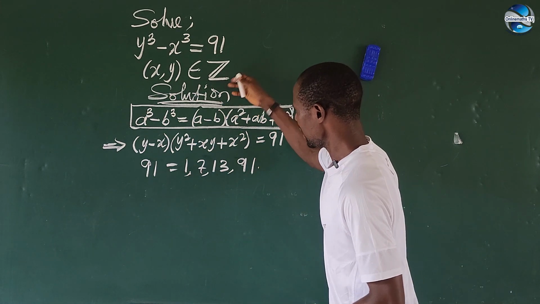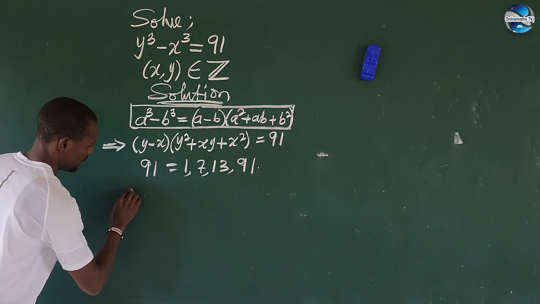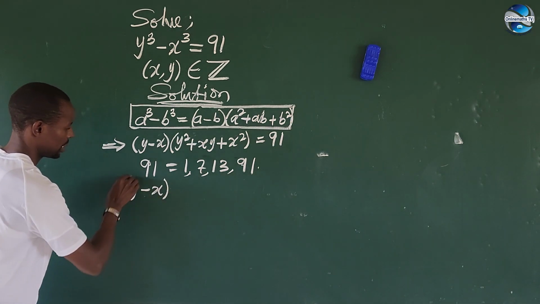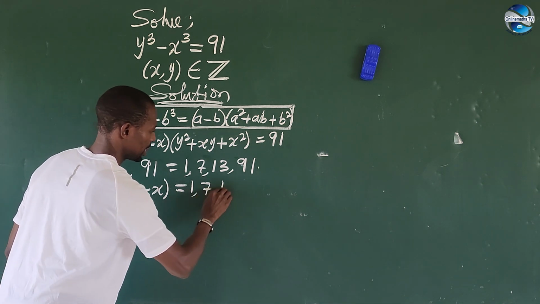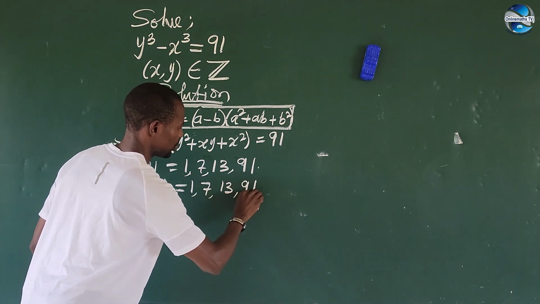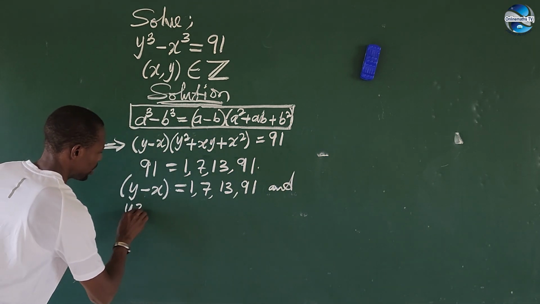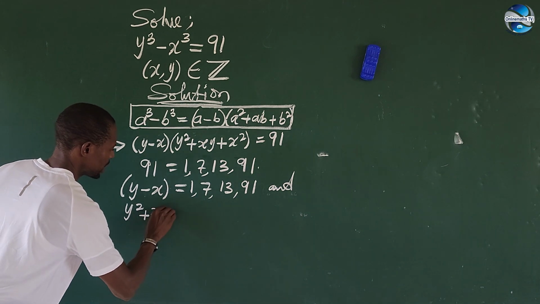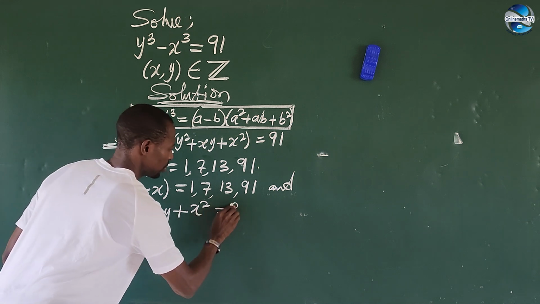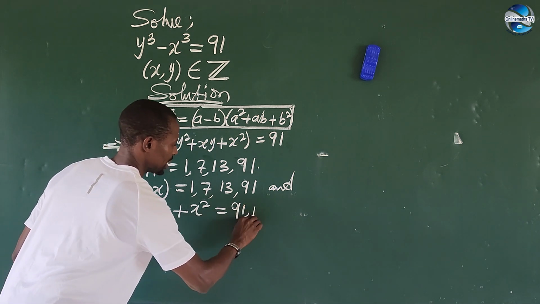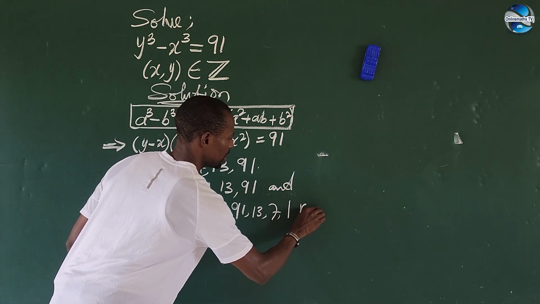So for the integer solution of this expression, we're going to have y minus x equal to 1, 7, 13, and 91, and y to the power of 2 plus xy plus x squared will now be equal to 91, 13, 7, 1, respectively.